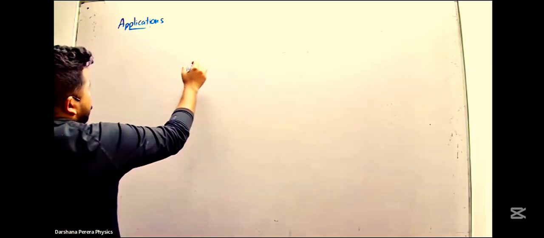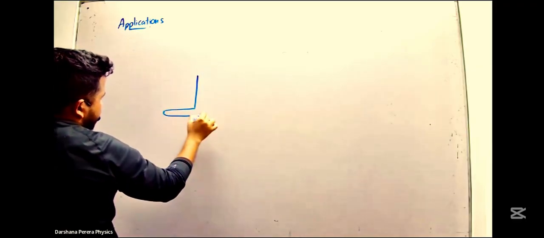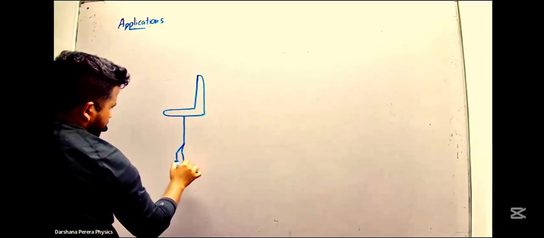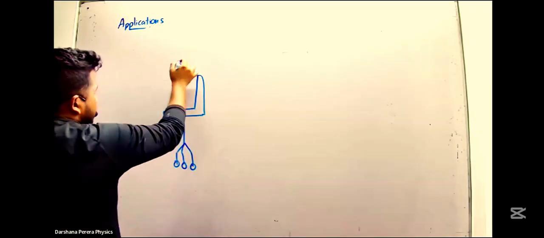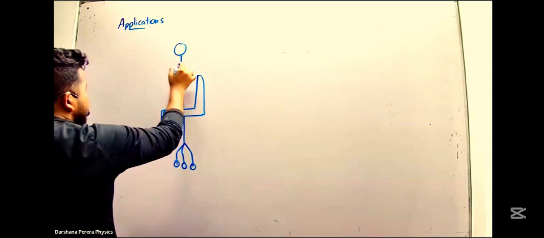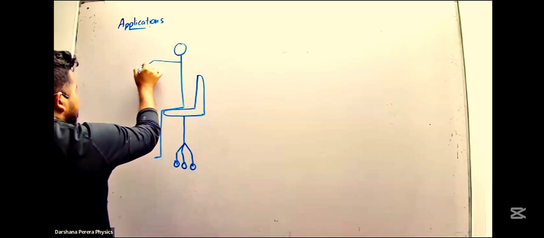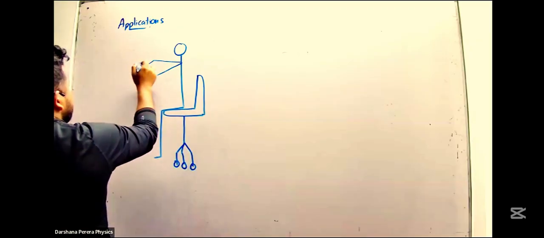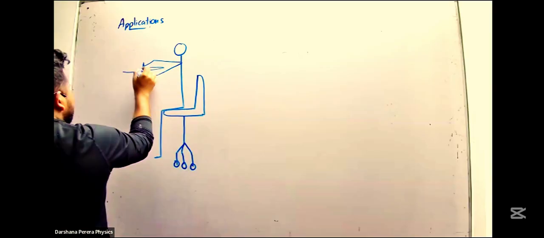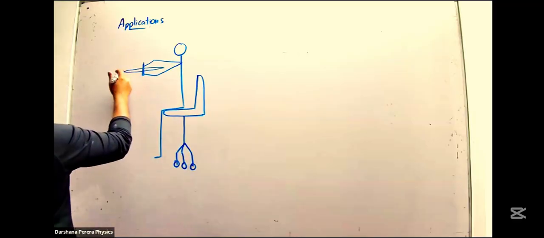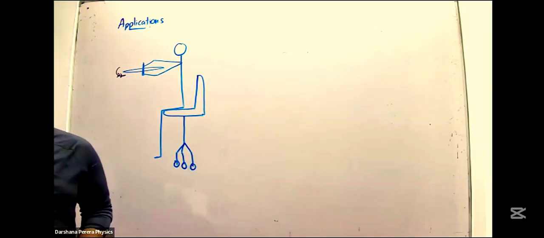Listen carefully. There is a man who is on a chair that can rotate. This man is holding a rotating wheel in his hand. It is rotating in this direction.